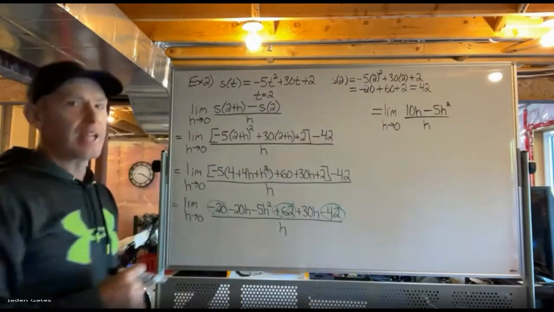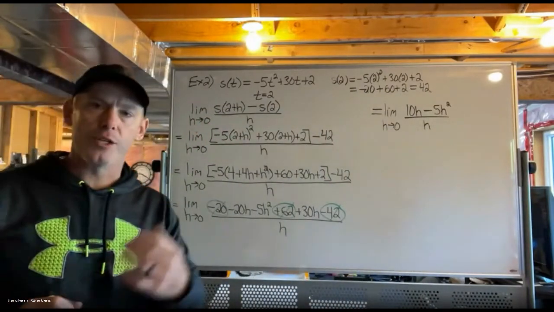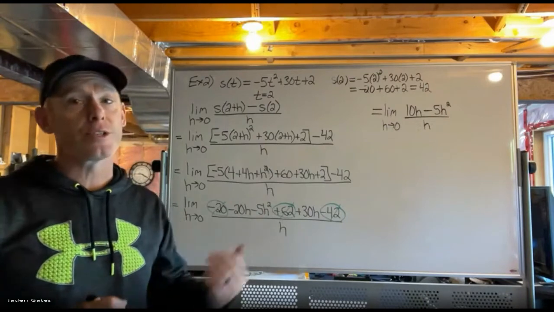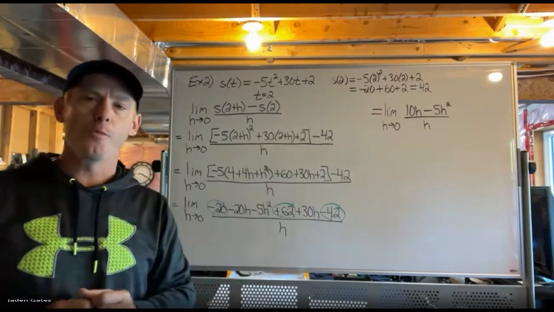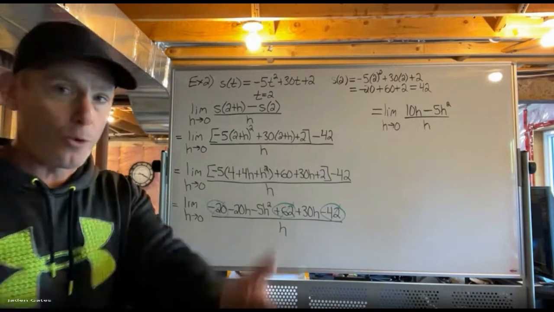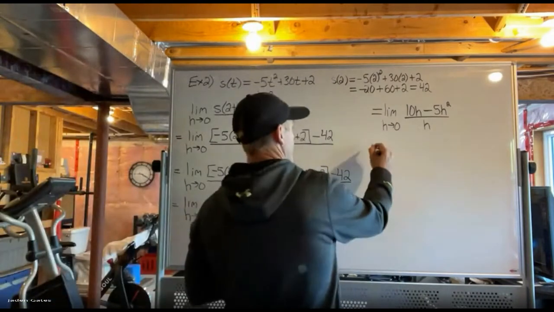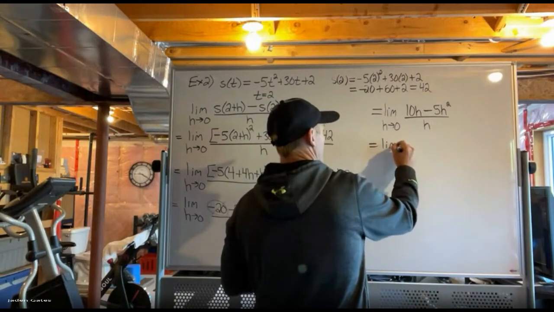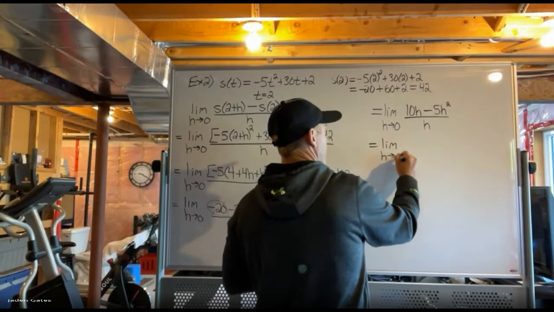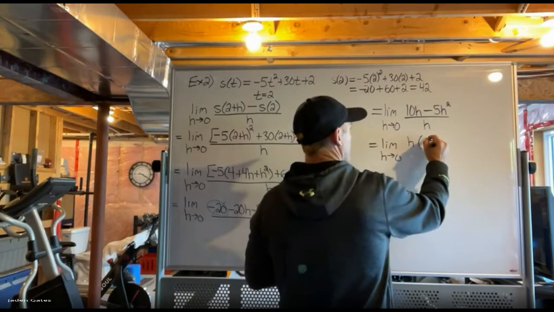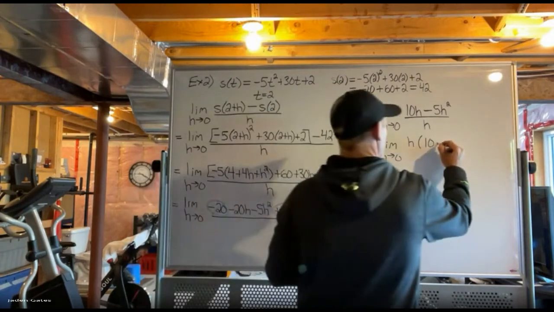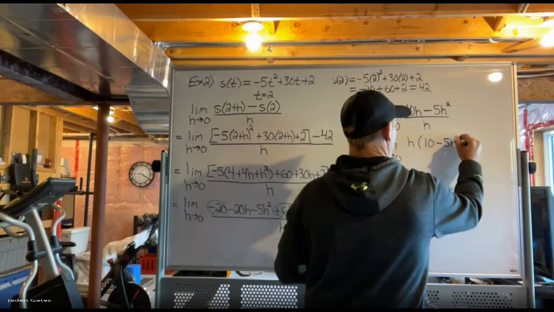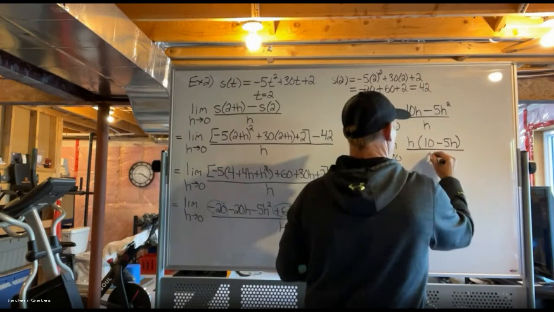Now, again, the whole problem here is that I want to substitute 0 in for h, but I can't do that because it's in the denominator. But just like we had last time, the numerator has a common factor of h, so I'm going to factor out that h. I got a 10 there, and then a minus 5h, again, all over h.